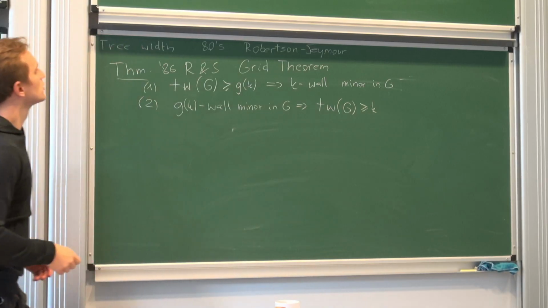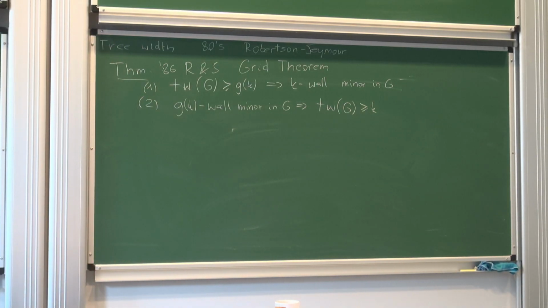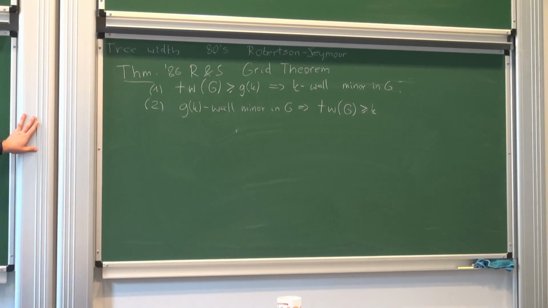So, in essence, this tells us that tree width of some graph family is really tied to excluding some wall as a minor. And I'm stating this theorem in terms of walls and not grids, as is usually done, because for what comes, it is actually walls that are important and the distinction is significant.